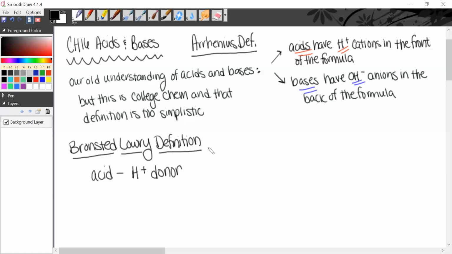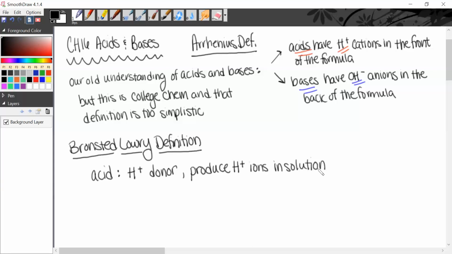Who does it give it away to? It gives it away to whatever the base is in the reaction. An acid is an H plus donor. Another way to think about that is that acids produce H plus ions in solution.